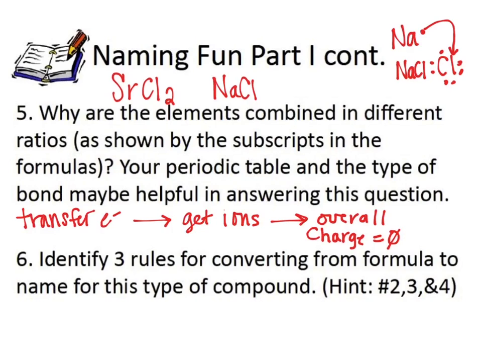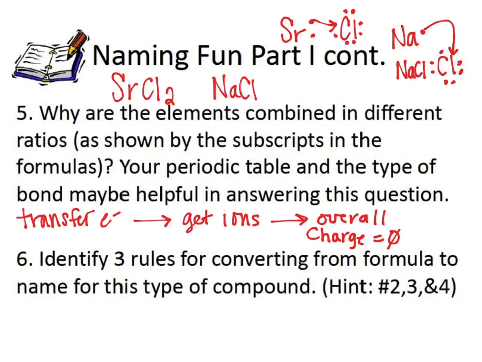Right? What happens in strontium? Strontium has how many valence electrons? I hear 2. So strontium has 2 valence electrons. How many does chlorine have? 7. So we transfer the electrons.